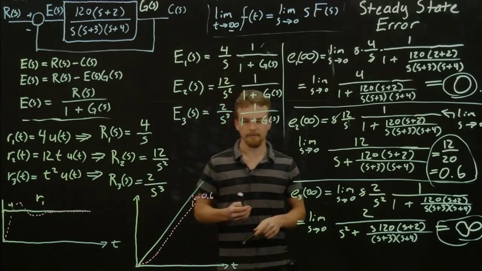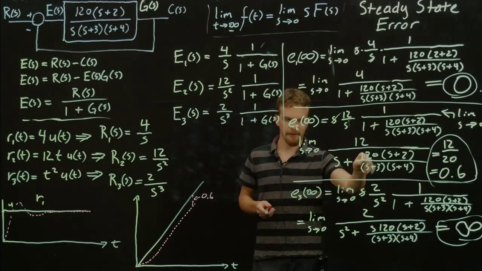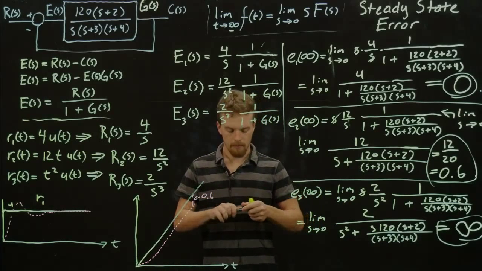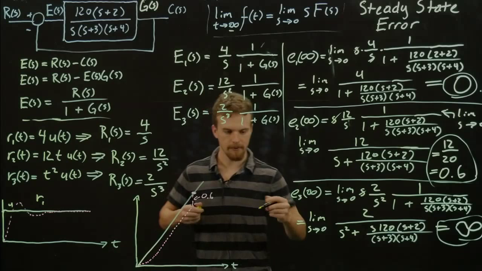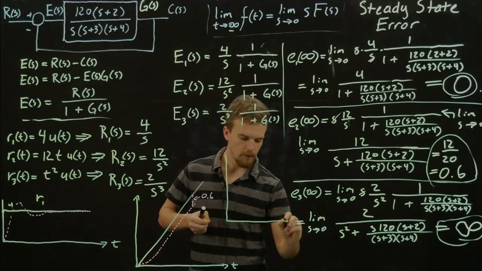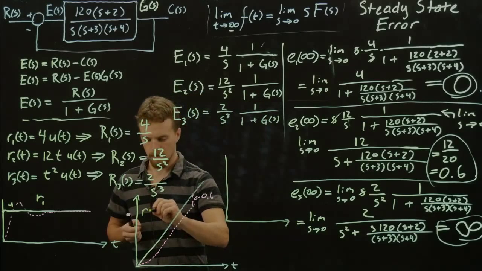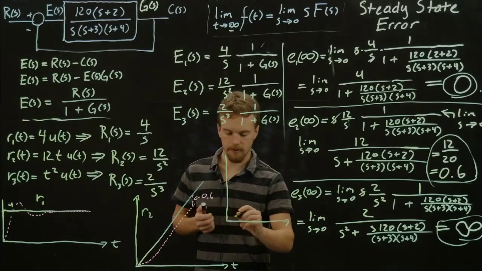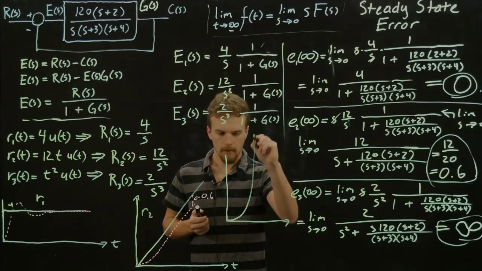And finally, this one is a little bit trivial because, as we see, we go to infinity, but let's try to draw it somewhere. So R3 is a parabola, just t squared. Looks something like that.